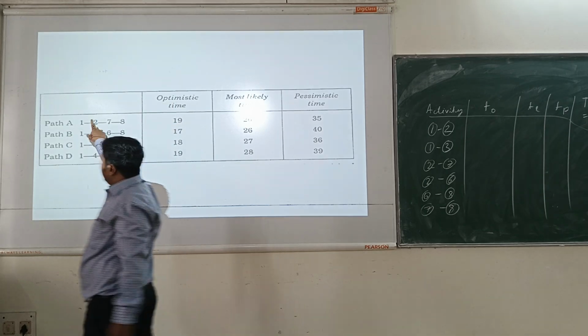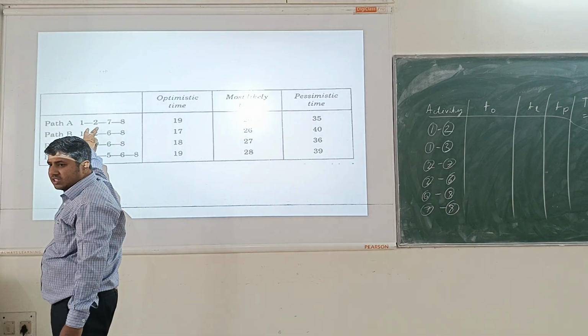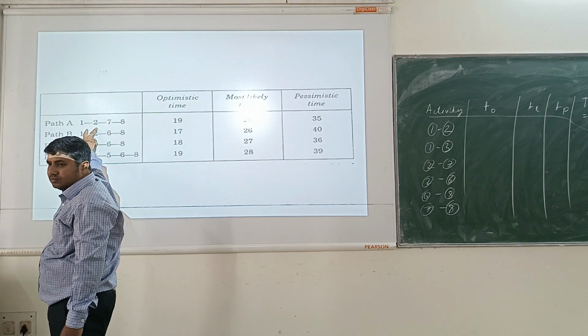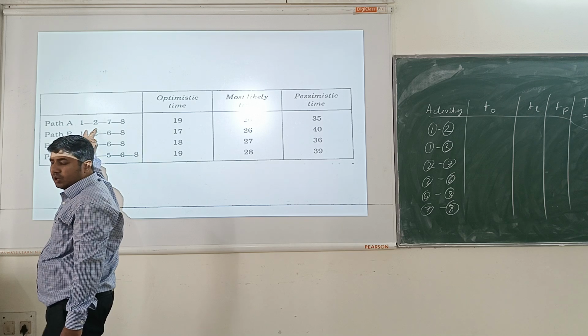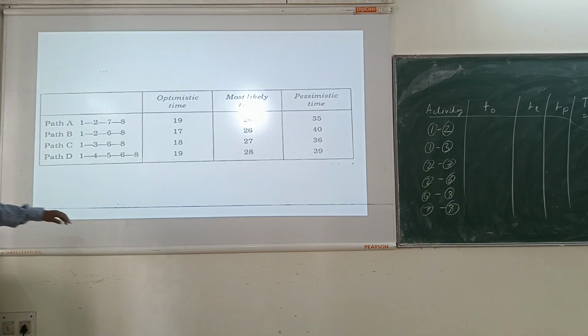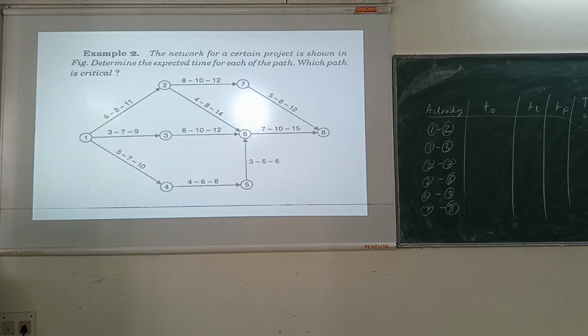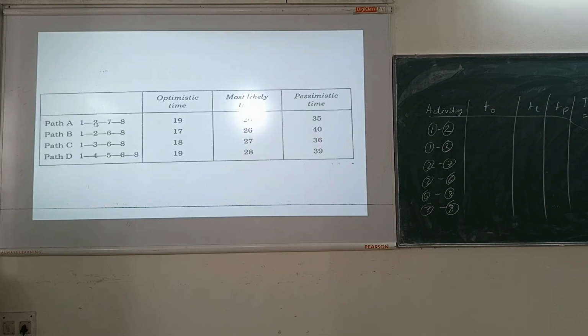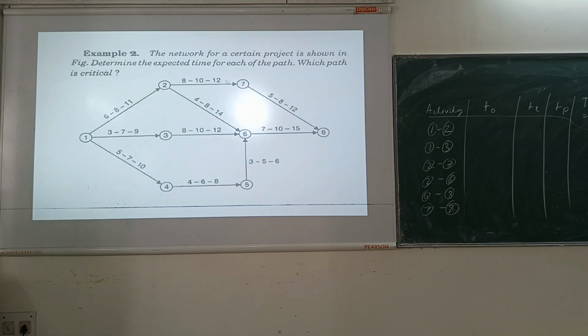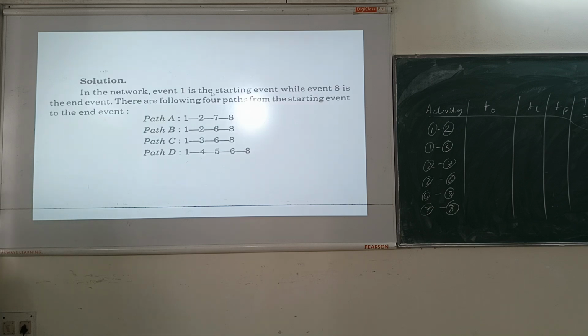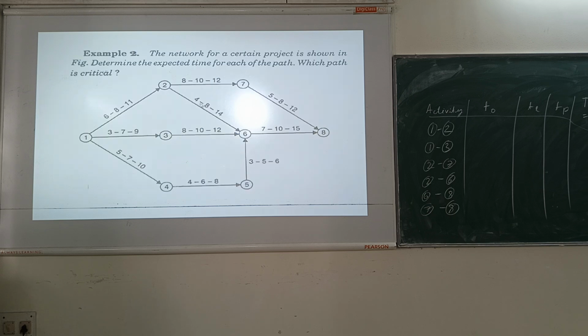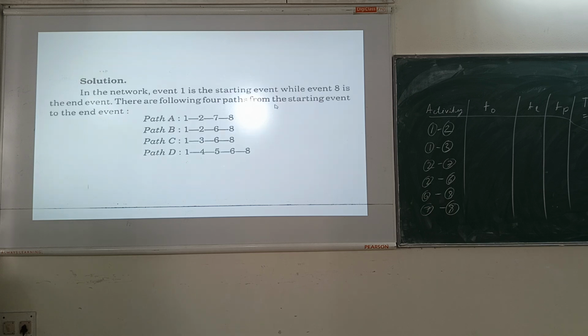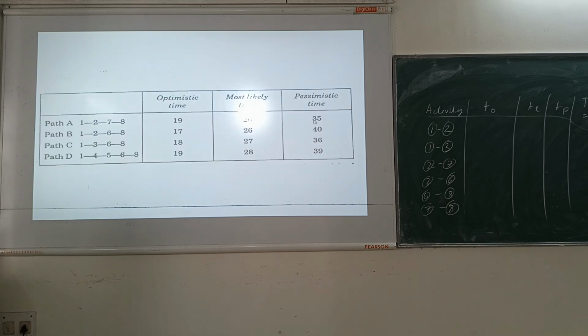What was the most pessimistic time given in the network diagram? 11 plus 12 is 23, plus 12 is 35, that is the pessimistic time. In this way, find it for every path.